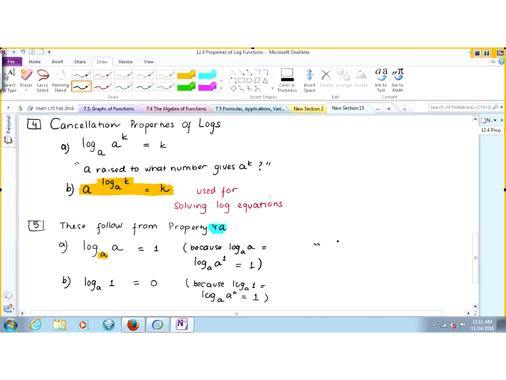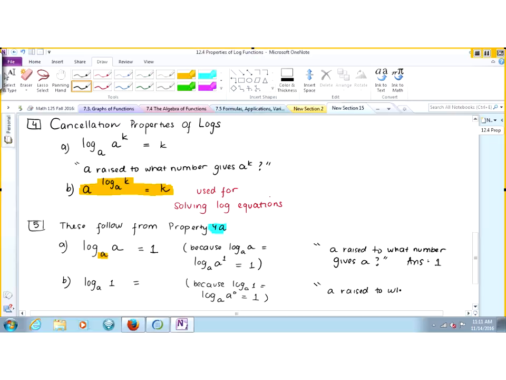A raised to what number gives A? 1. So that's why this is 1. Here there's another question.